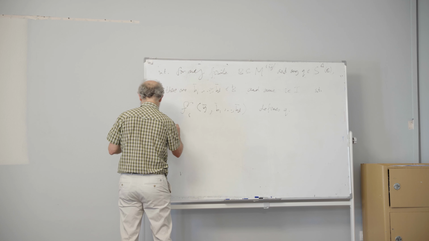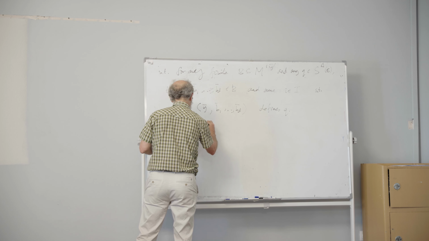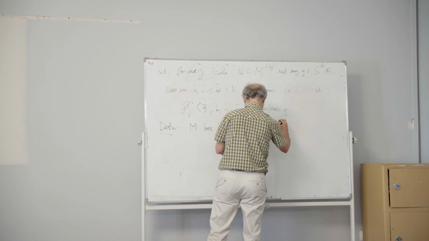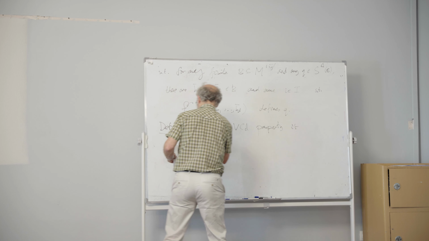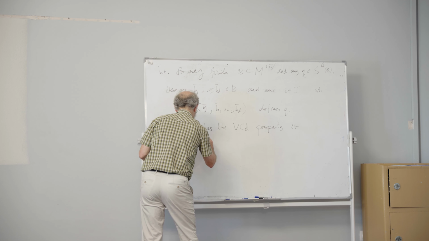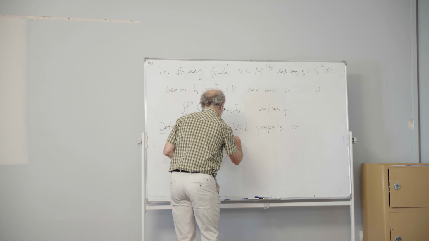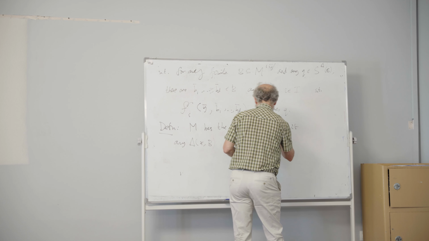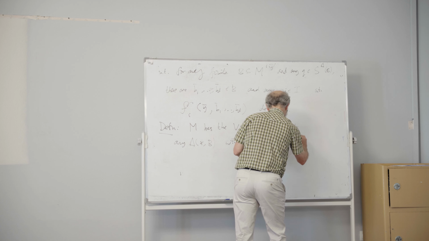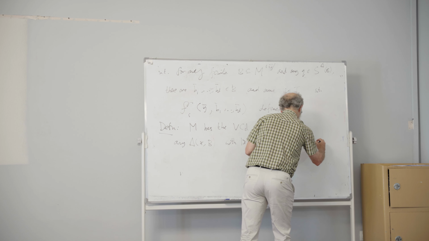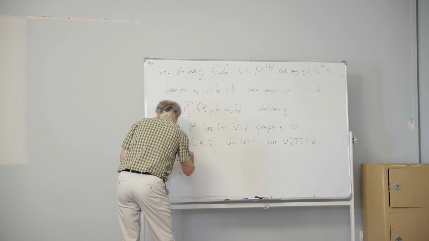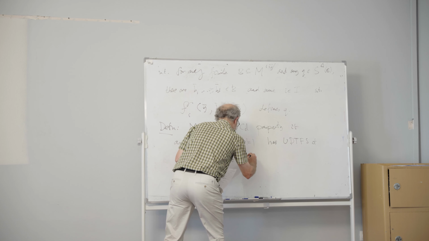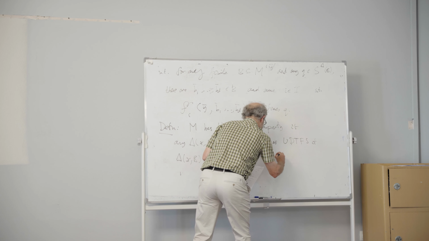So that's this notion of uniform definability. And then, the final definition: we say that M has the VCD property if any delta x b, where x is a single variable, so x is 1, has UDTFS of delta x b types over finite sets with d parameters.